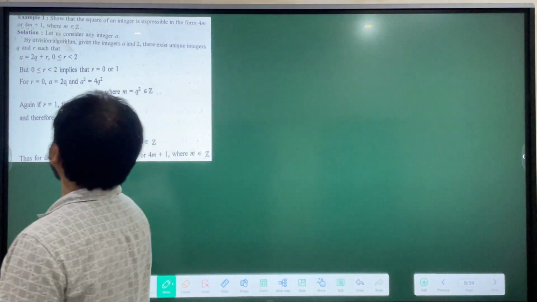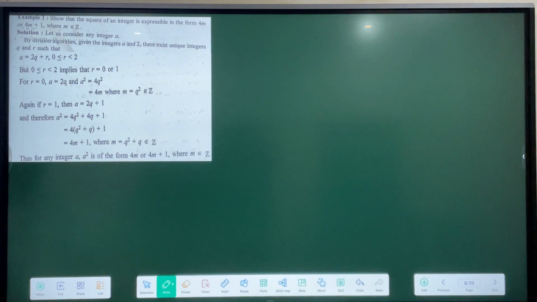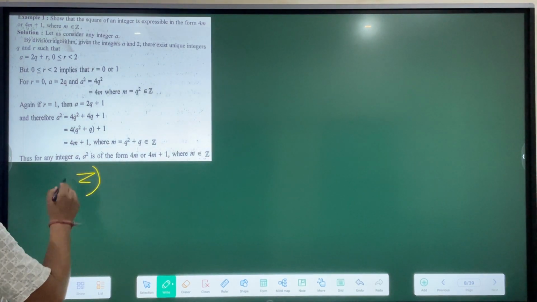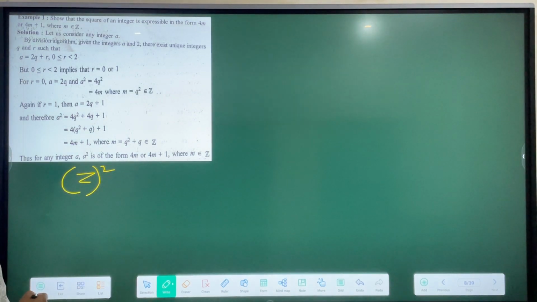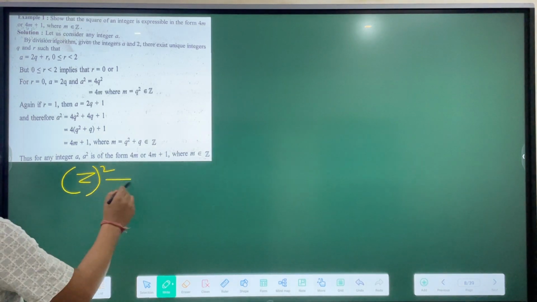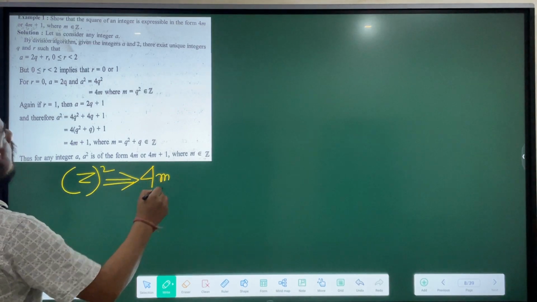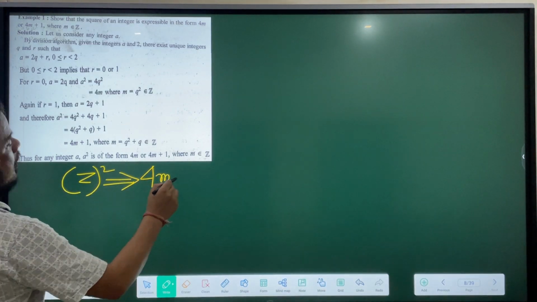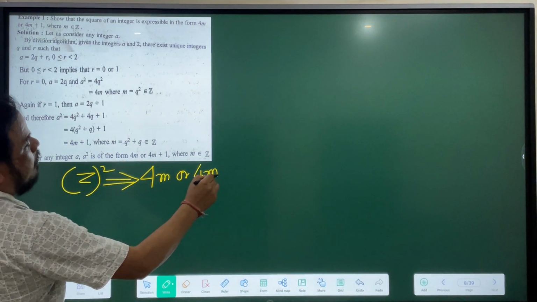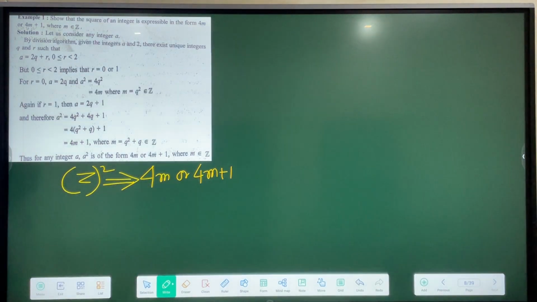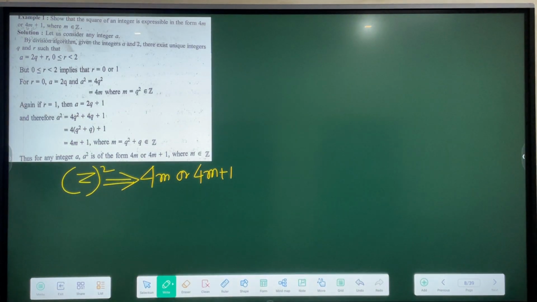Example 1. Show that the square of any integer can be expressed in the form of 4m or 4m plus 1.